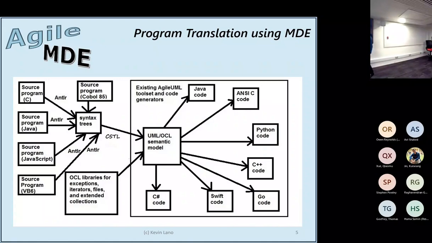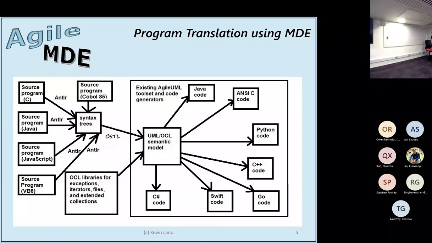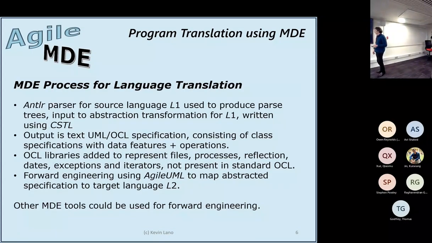So it would take the parsed UML OCL and generate text code in these languages, but I found it was also quite applicable to just working with actual parse trees. You could use other parsers, but ANTLR has a very large number of parsers for different languages.